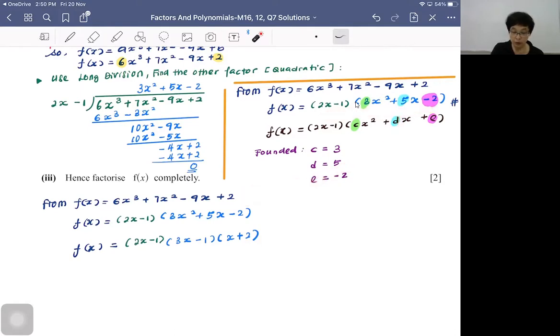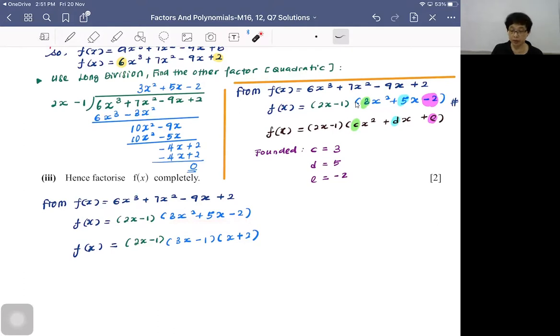Then they ask us to factorize fx completely. As of section 2, you have managed to factorize the cubic expression into a linear factor and a quadratic. Now what you're going to do is maintain the linear and factor the quadratic.